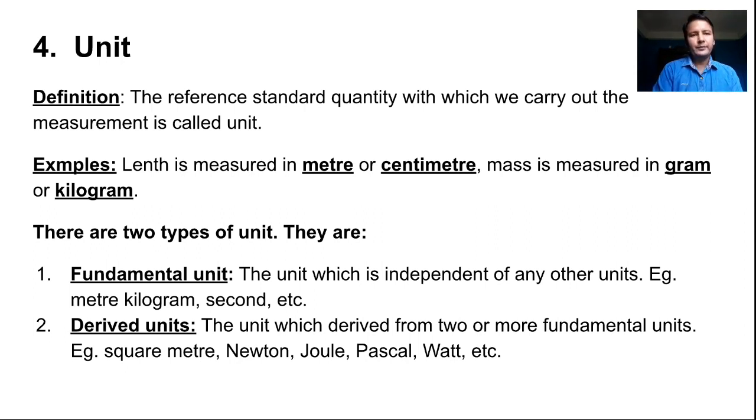Now second, derived units. The unit which is derived from 2 or more fundamental units, or in other words, the unit which is made of 2 or more fundamental units, is called a derived unit. For example, square meter, that is meter times meter.